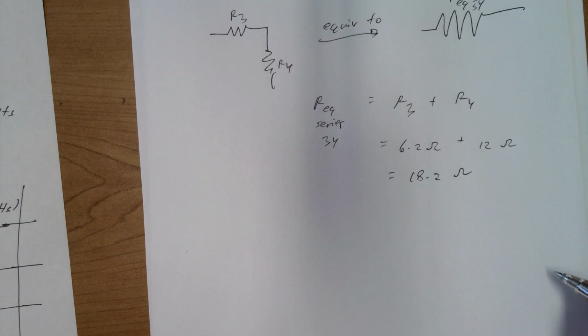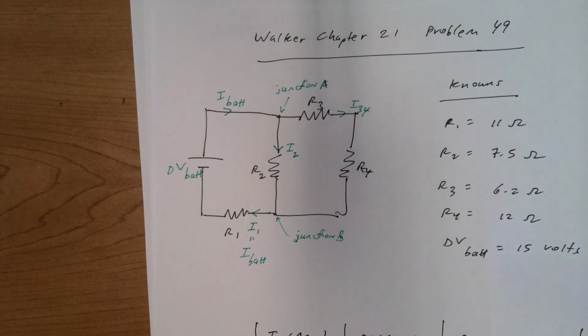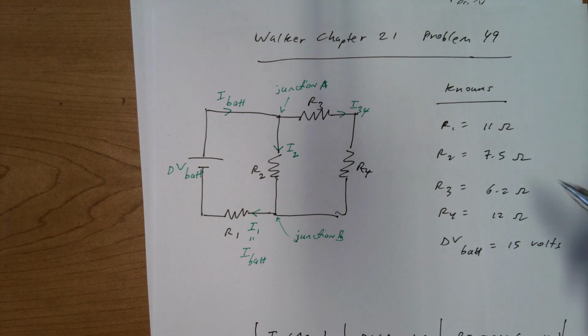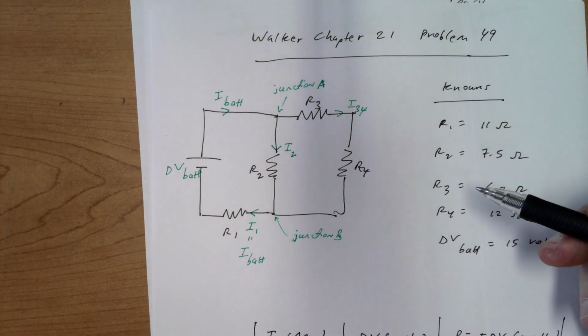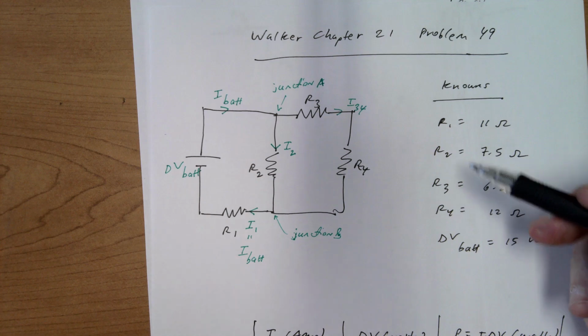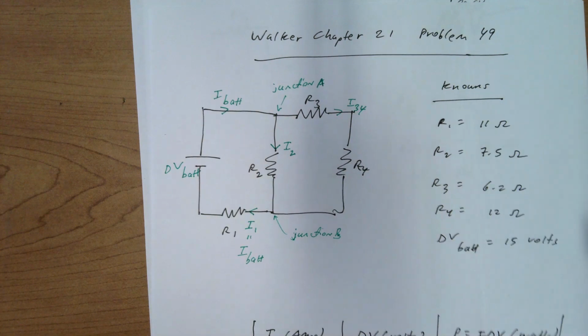And so my original circuit is now replaced by an intermediate equivalent circuit with these 2 resistors combined.